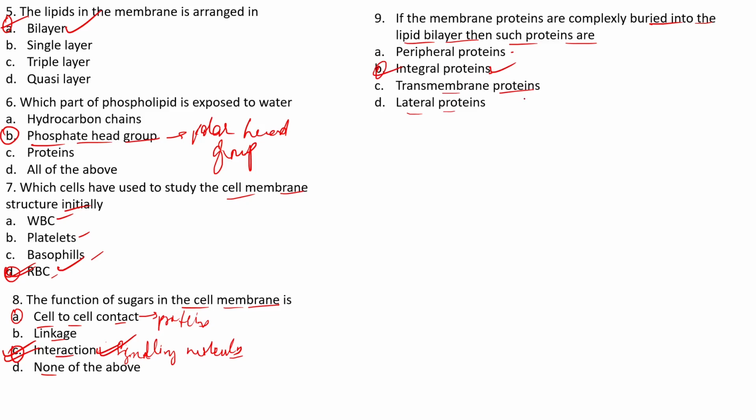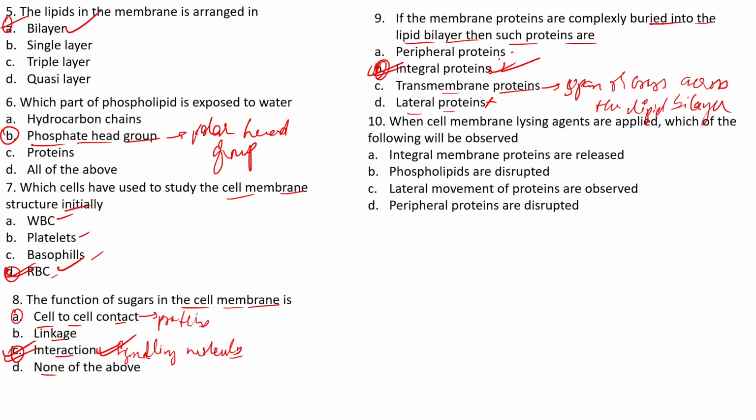Of course, we have transmembrane proteins, but remember transmembrane proteins mainly span or cross the lipid bilayer. So the more appropriate answer for this question is B, integral proteins. They are completely buried in the interior of the lipid bilayer. There is nothing called lateral proteins, it doesn't exist. Peripheral proteins are mainly attached to the surface of the lipids. Remember this.